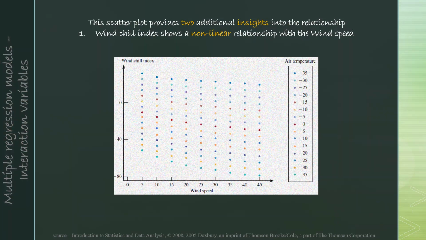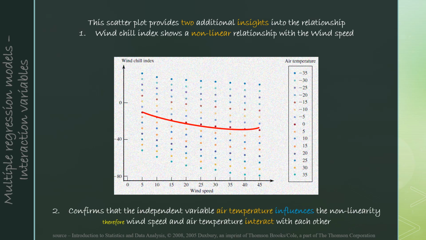The scatter plot provides two additional insights into the relationship. One, the wind chill index shows a nonlinear relationship with the wind speed, and two, it confirms that the independent variable air temperature influences the nonlinearity. Therefore, wind speed and the air temperature interact with each other.